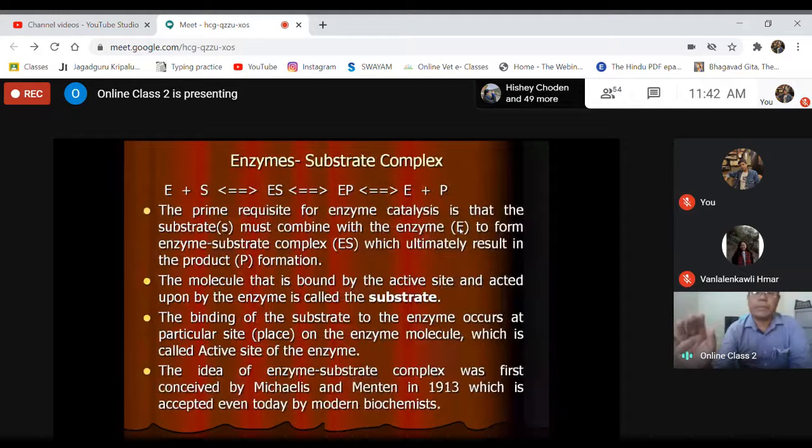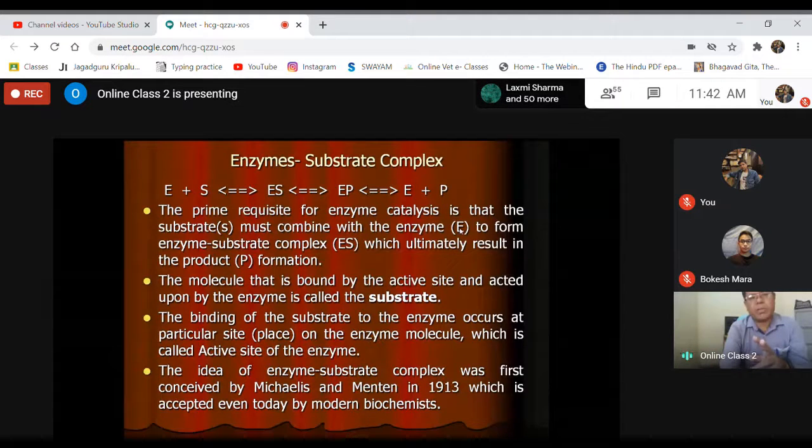Then how are the enzyme substrate complexes formed, and is it required? The formation of the enzyme substrate complex is required for the catalysis of the reaction. The prime requisite for enzyme catalysis is that the substrate must combine with the enzyme. So what is the requirement for the catalysis of the reaction?